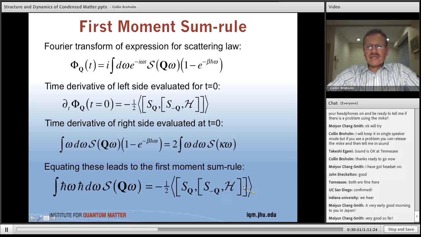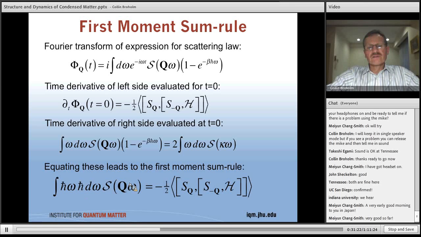If you know the Hamilton operator, you can actually go through and calculate this thing, an equal time expectation value, and it really boils down to equal time local information about the material. So in many cases, it's relatively straightforward to pick up the right-hand side as long as I know something about the Hamilton operator. And the left-hand side is then something that I can imagine actually extracting from my experiment.